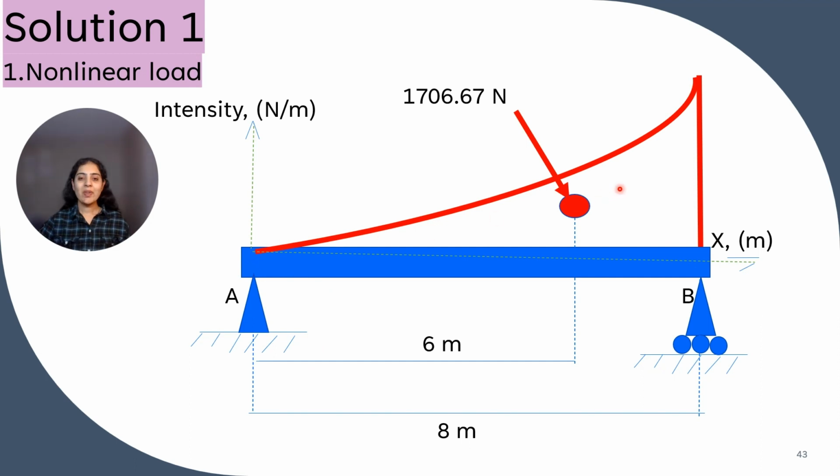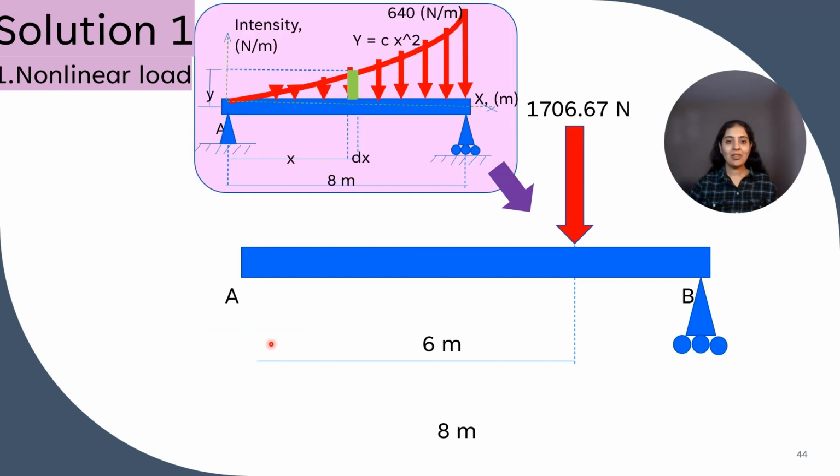So we can simplify this nonlinear load like this. The load is acting at a distance of 6 meters from support A. This is the CG of this load and the intensity of the load is 1706.67 Newton. So the nonlinear load given in the question, with the equation y is equal to cx square, can be simplified like this.